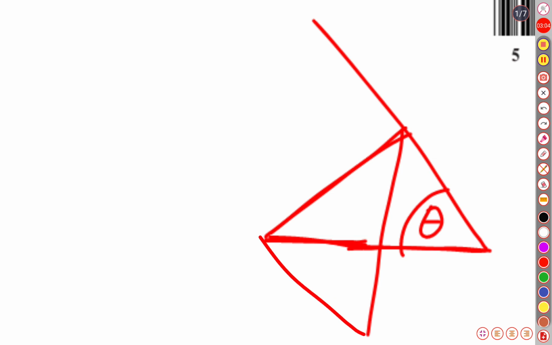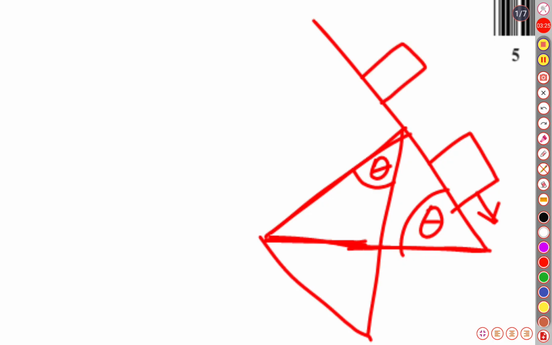This is also theta. So what is the van doing here? Suppose this is the van. The van is moving down and it is towing. This is the trailer.